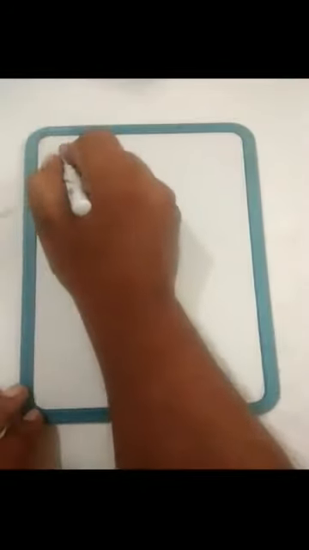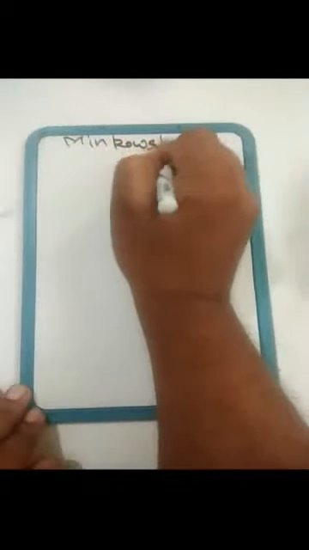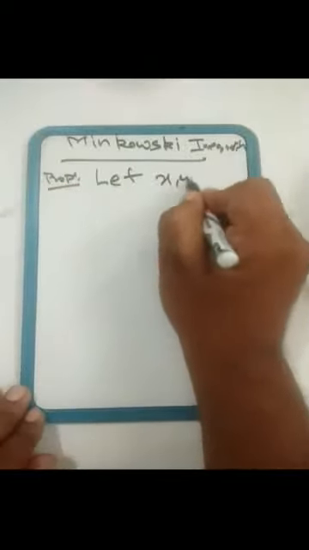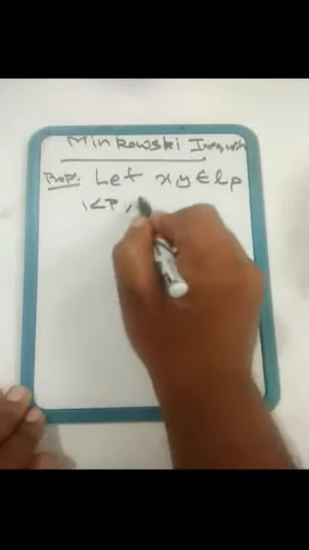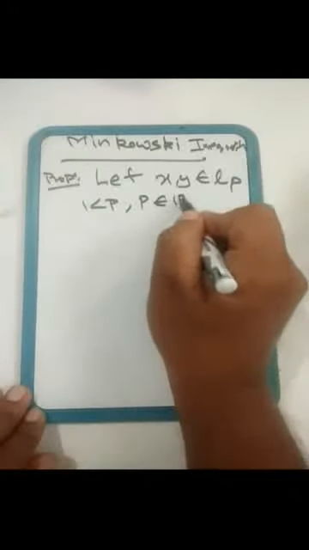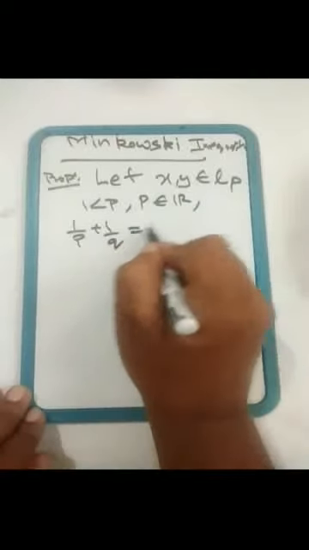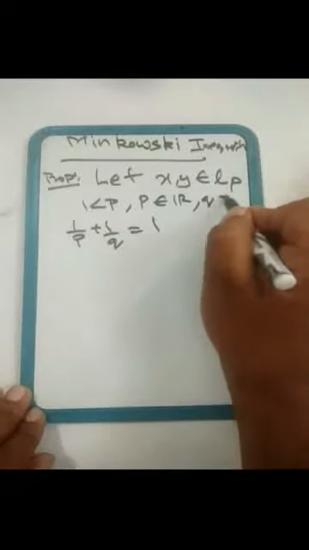Let's consider. So let's write the statement. Minkowski inequality. Let 1 ≤ p < ∞ with 1/p + 1/q = 1, similarly q also greater than 1.